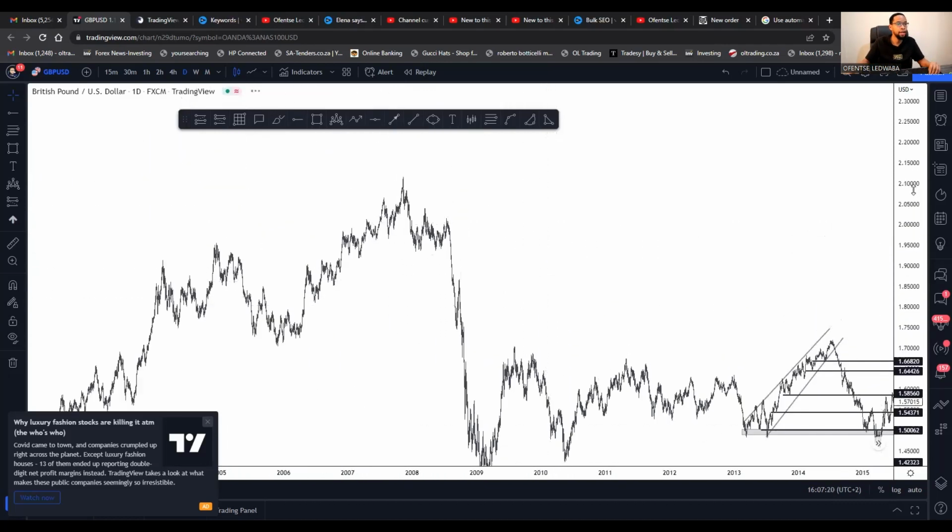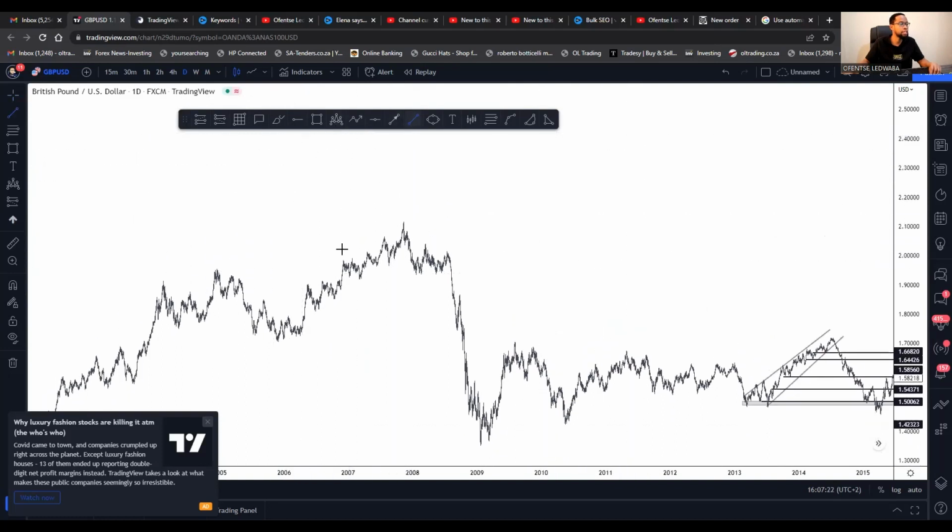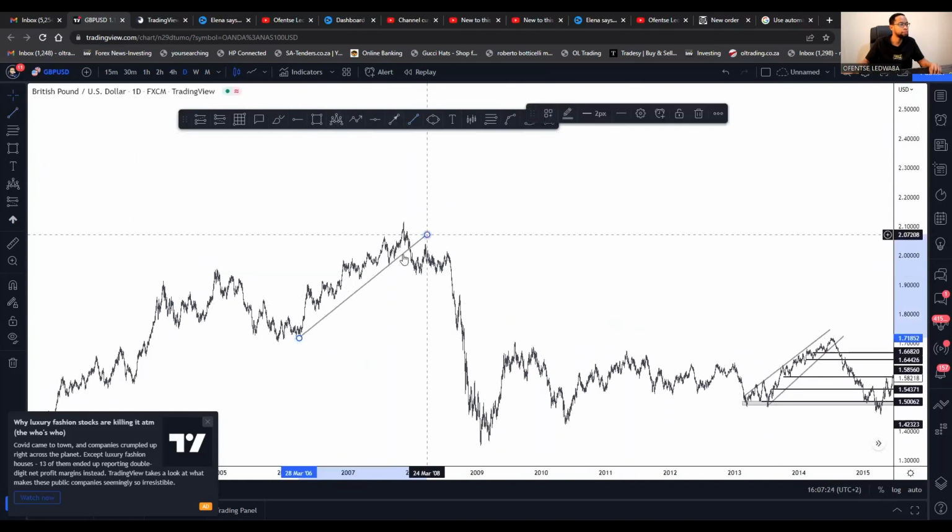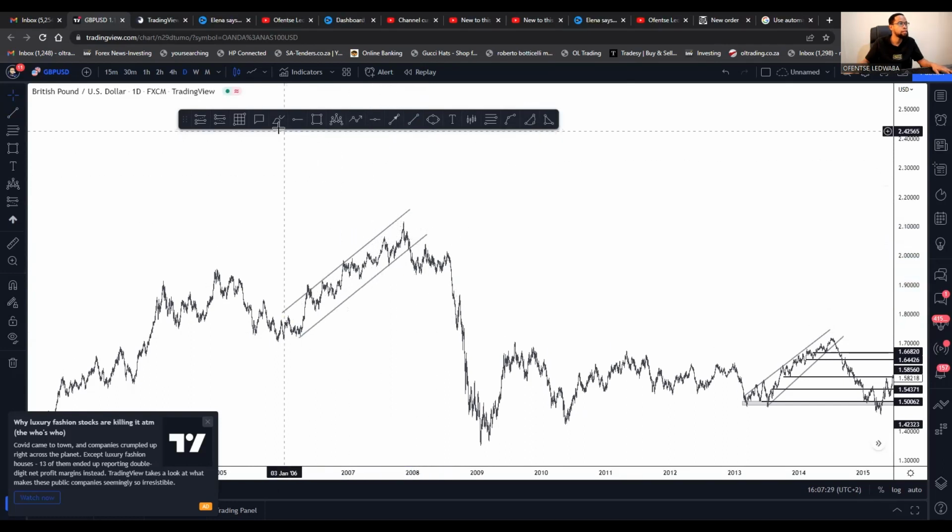Okay, and now I'm having something again here. Again, we pushed up, broke from the retest, and then we came back to retest again, and then we pushed further down.